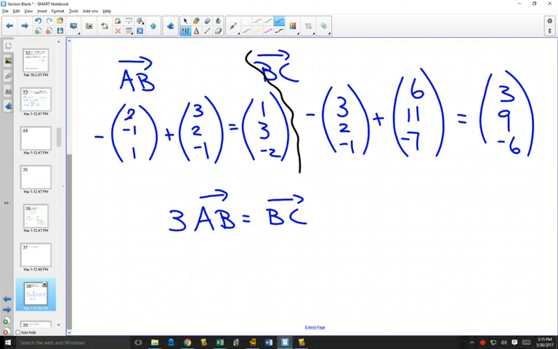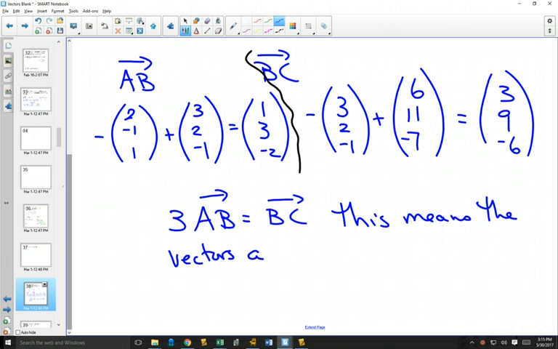If 3 A to B's equals B to C, this means the vectors are parallel. Right? Just one is longer than the other one. But they're going in the same direction. And anytime something's going in the same direction, it's going to be parallel.